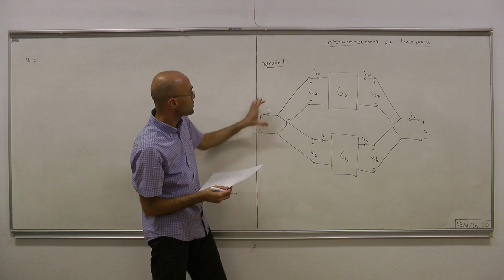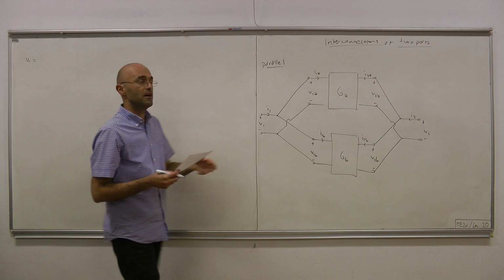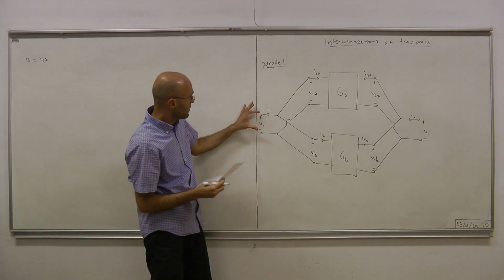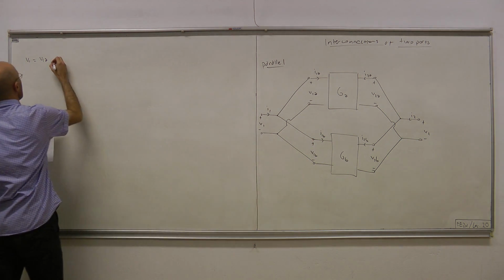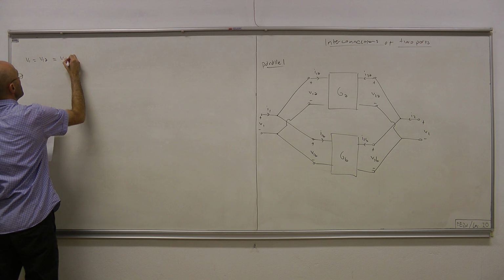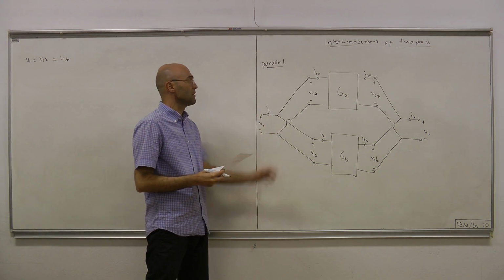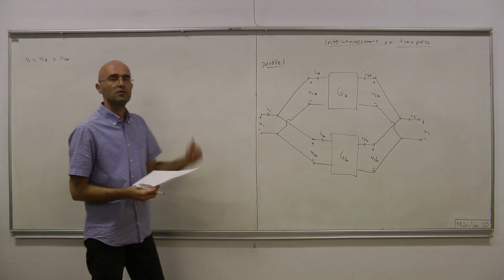Now these 2 nodes and these 2 nodes, they're the same. Therefore, V1 and V1A, they are the same. Likewise, this potential difference is the same as this potential difference. Therefore, that also equals V1B. Okay. So all those voltages, there's a single voltage, in fact, for the first port, and that's V1. V1, V1A, and V1B, they're all the same thing.